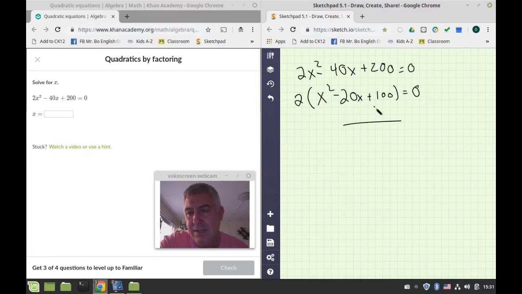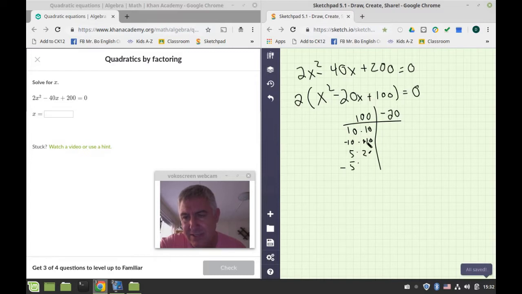And so I want factors of 100 that lead to negative 20. So let's see. I have 10 times 10, and I have negative 10 times negative 10, and I have 5 times 20, and I have negative 5 times negative 20.